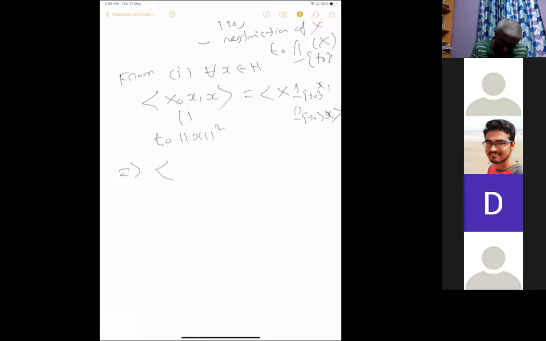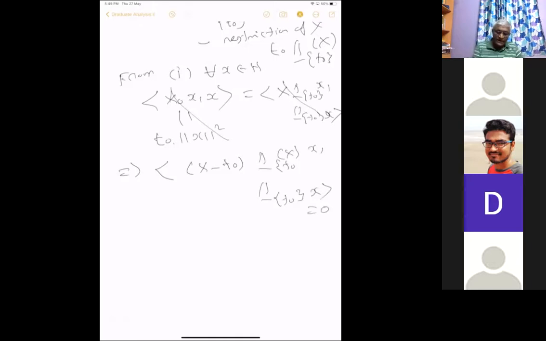This implies this operator x minus t naught times 1 t naught of x, I can put it because of the commutation. This is true for all x in that image, so we need another 1 t naught here. Anyway, you can even forget about this. This is true. 1 t naught x equals 0, right? This follows from that.